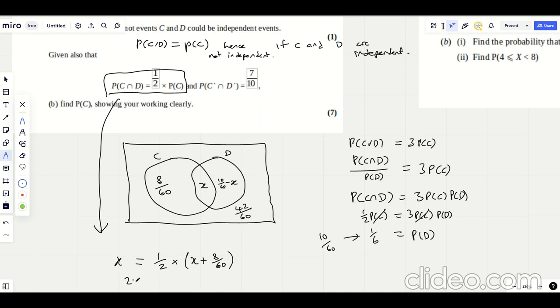Now we can do it. So 2X equals X plus 8/60. In other words, X equals 8/60. And sure enough, we have this as 8/60.